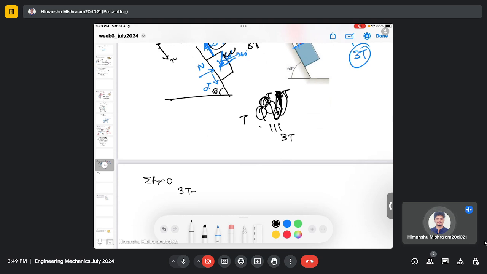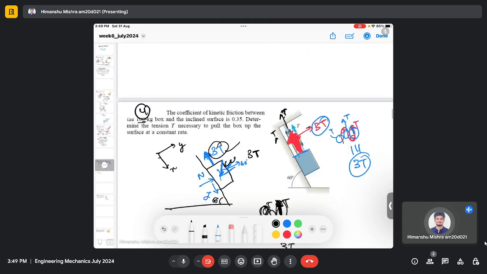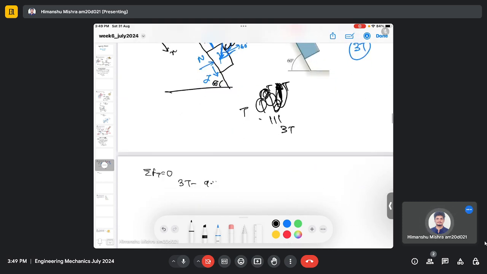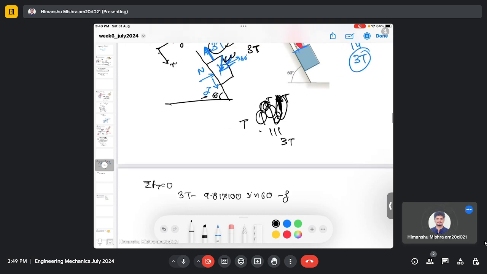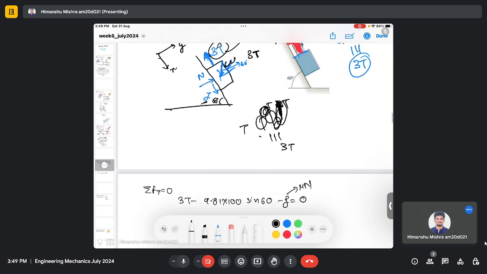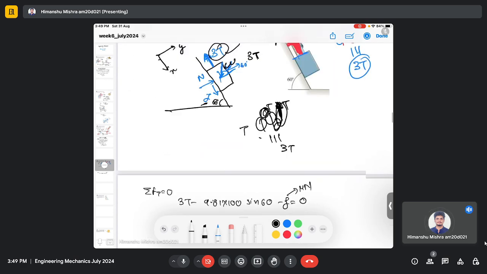will be 3T minus 100 multiplied by 9.81 sine 60. And then there is a friction force acting, minus F, which can be written as minus mu N, equals 0. Right? So there are two unknowns here.